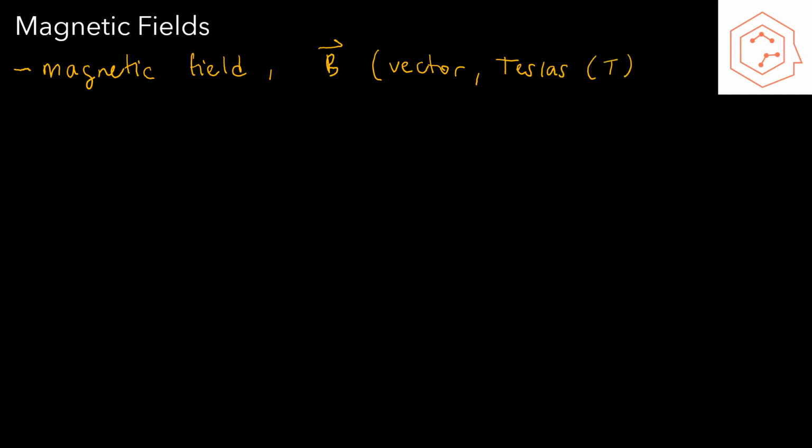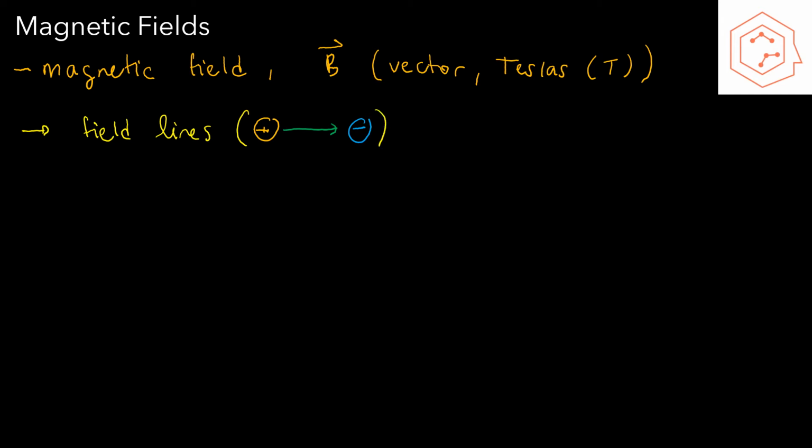Of course, these magnetic materials create magnetic fields or are surrounded by magnetic fields. And this magnetic field is denoted by an uppercase B, and it's a vector with units of Teslas, or T. Now, when we consider drawing a diagram of the magnetic field, if we compare it to the electrical field, in the electrical field we had field lines that started at a positive charge and went all the way and ended at a negative charge.